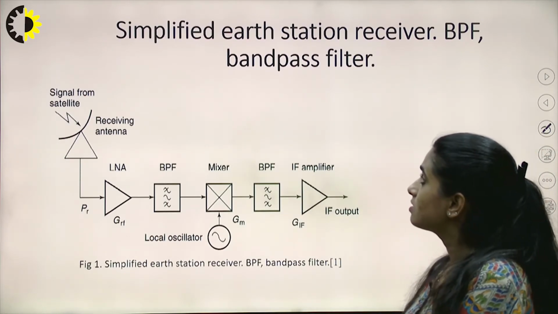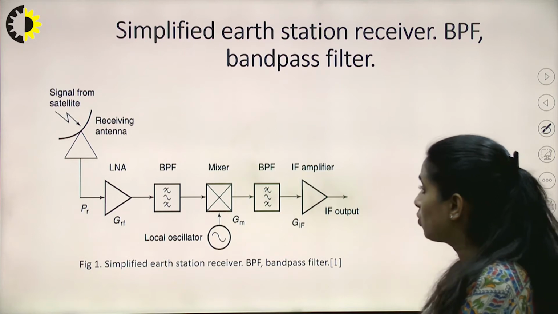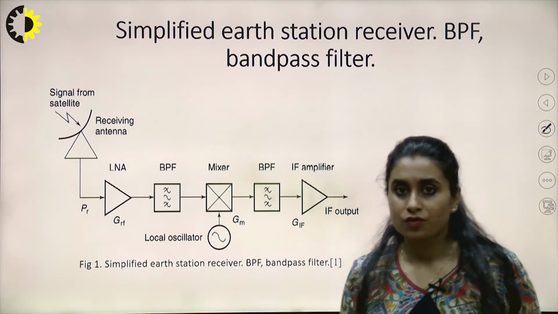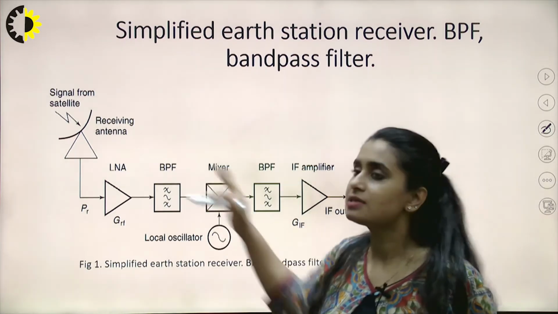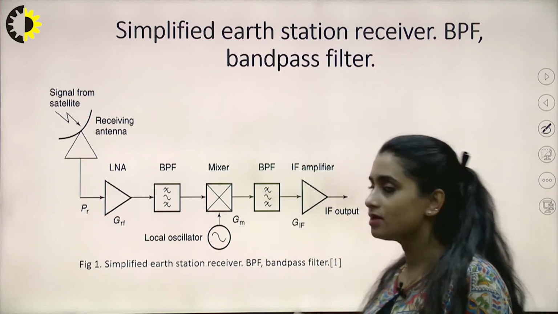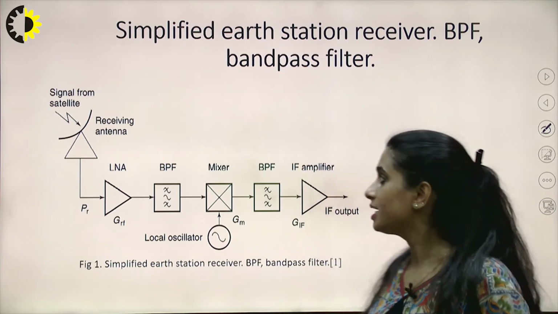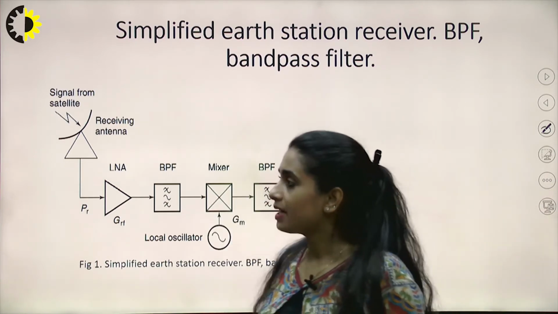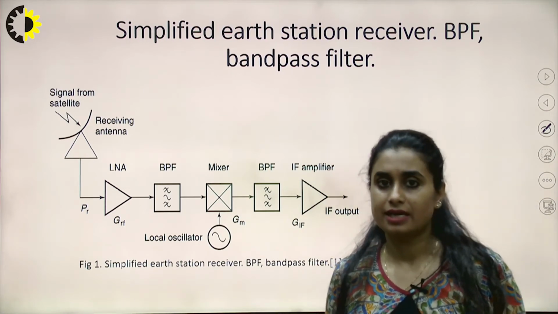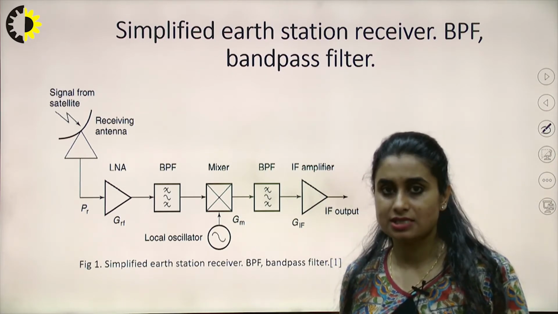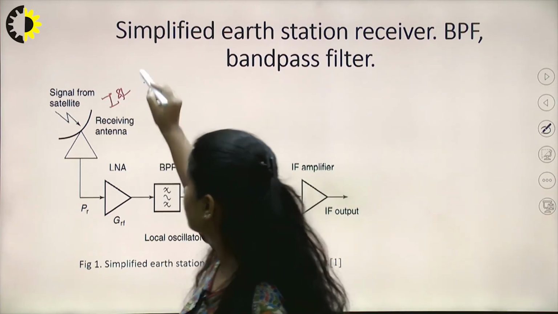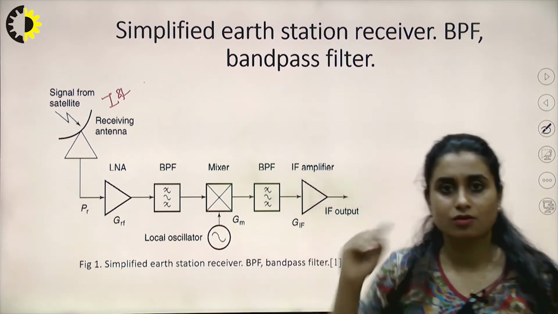So what about the simplified earth station receiver? Now as we are talking about the noise in the receiver, we have to see how my receiver works. So this is a simplified diagram of an earth station receiver, right? In my earth station receiver, as we are doing radio communication through satellite, the first receiving unit will be the antenna, of course.